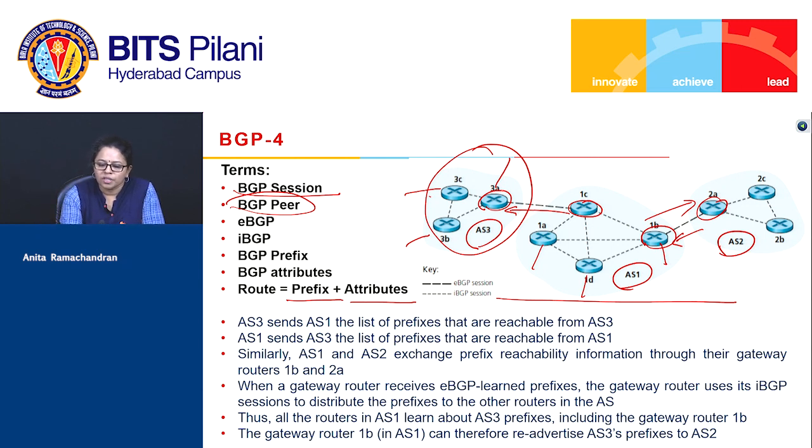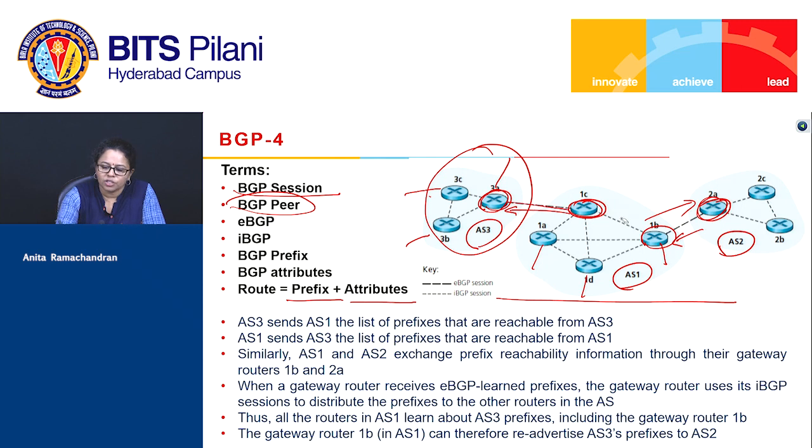Now, the gateway routers here, 3A, 1C, and 2A, one from each AS. It need not necessarily be one from each AS, but in this particular case, it is. They are called gateway routers. They behave as gateway routers that exchange information that represents one AS. So 3A is the AS3 representative to the rest of the world. 1C is the representative of AS1 to the rest of the world, and so on.